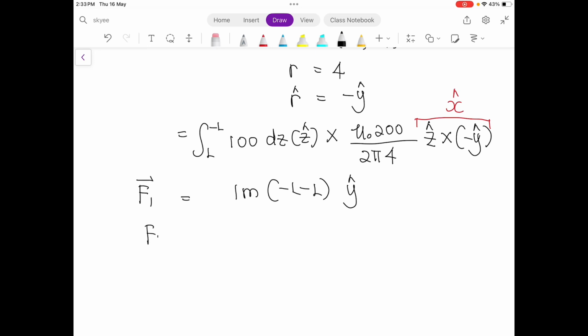So if F1 is divided by the length, which is negative length, you will have a negative 1 milli in the y direction, Newton per meter.